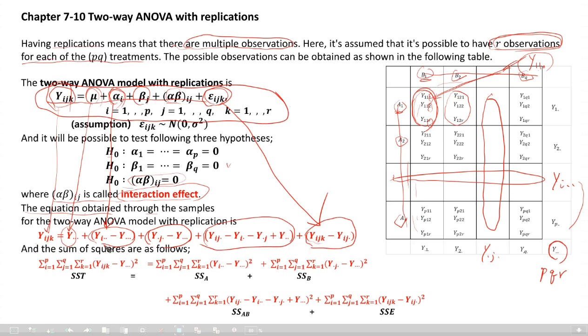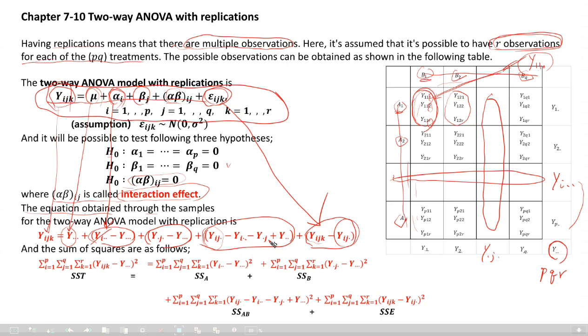But we have to erase y i dot dot first. This one is erased with this, yij dot minus yi dot dot.